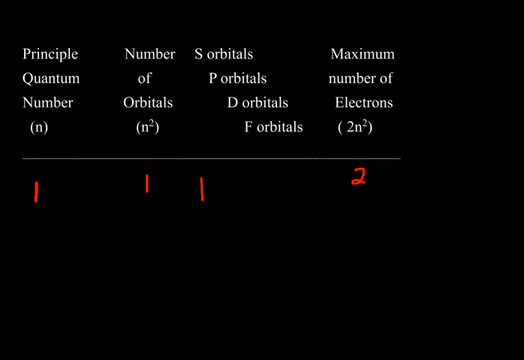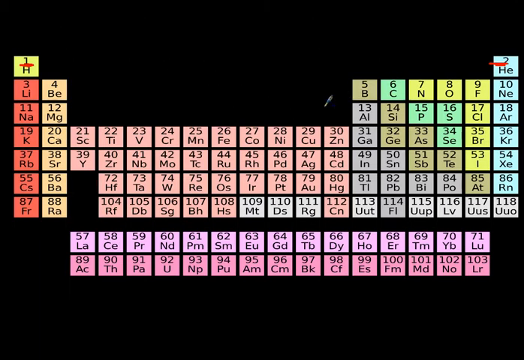Okay, if we are in principal quantum number 2 of the periodic table, according to this formula, we should have 2 squared. We should have 4 orbitals. So let's see where those are. There's 1 orbital here, and it's in the S group. There's 1 orbital here, 1 here, and 1 here.